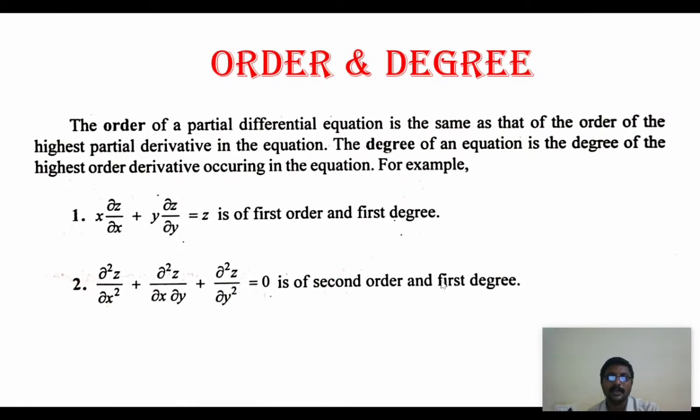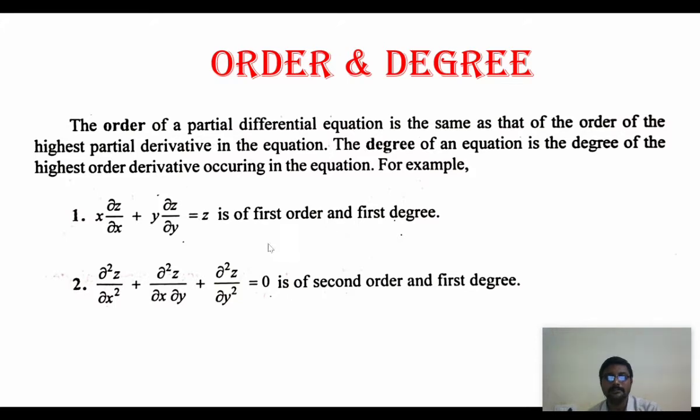Now, what is the order and what is the degree? Here we have to define the order and degree for partial DEs. The order of the differential equation is the same as the order of the highest derivative in the equation. And the degree of the differential equation is the degree of the highest order derivative occurring in the equation.